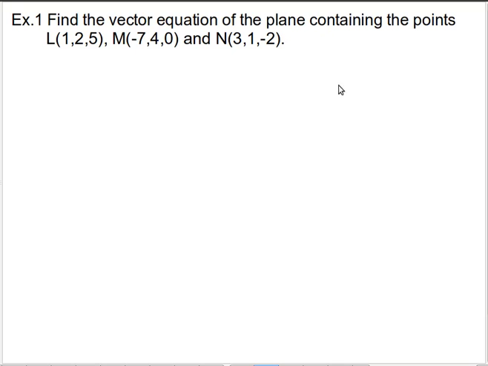So find the vector equation of the plane containing these 3 points. Once again, my vector equation is going to be written as the initial position vector plus a linear combination of a couple of direction vectors.